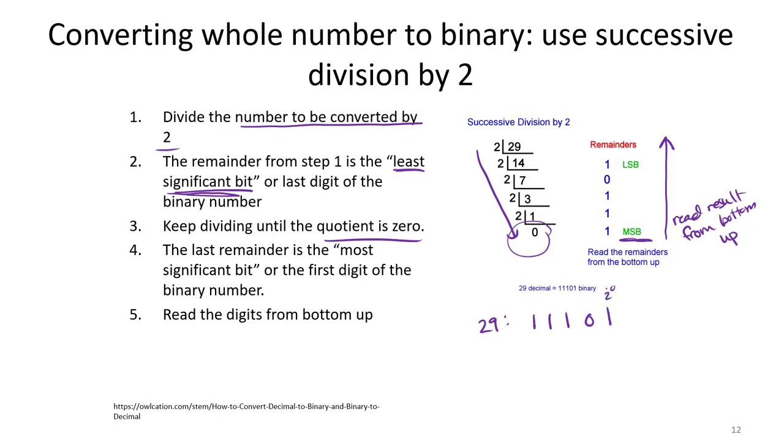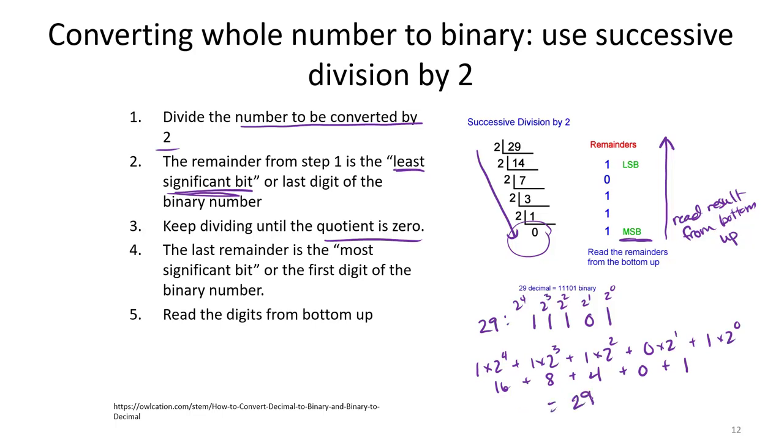So if we write that as powers of 2, notice that's the same as writing 1 times 2 to the fourth, plus 1 times 2 to the third, plus 1 times 2 to the second, plus 0 times 2 to the first, plus 1 times 2 to the 0, which gives us 16 plus 8 plus 4 plus 0 plus 1, which gives us 29. So basically, we're rewriting a decimal number as the sum of powers of 2.